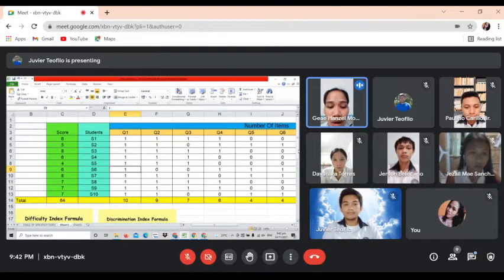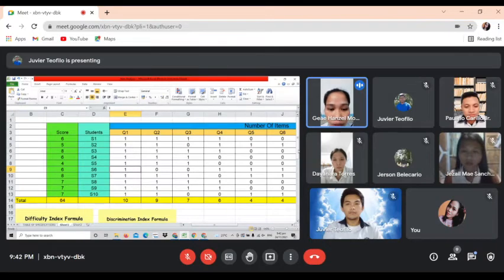For example, under question number 1 to question number 10, we could see the 1 there, which means they got the right answer, and 0 means they got the wrong answer. So in question number 1, all the students got the right answer. And in question number 2, only student number 6 got the wrong answer.